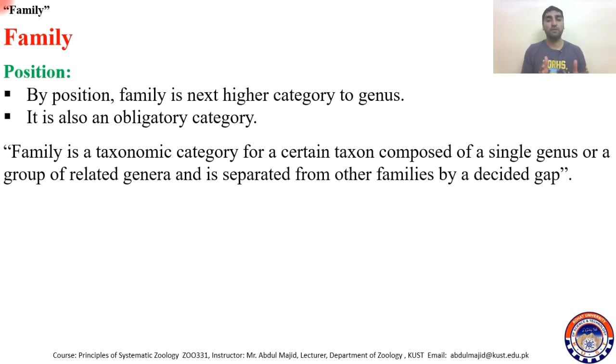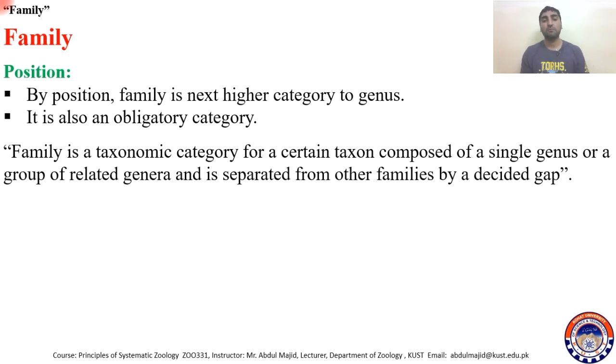That means it may be composed of a single genus, or there may be 2, 3, 4, 5 or many genera inside a family. And how do we construct a family? When we correlate genera and look at their very common characteristics, we place them in a group and we call that group a family.